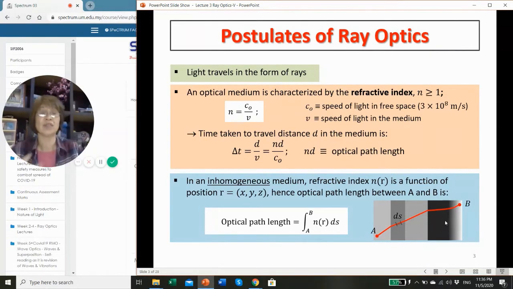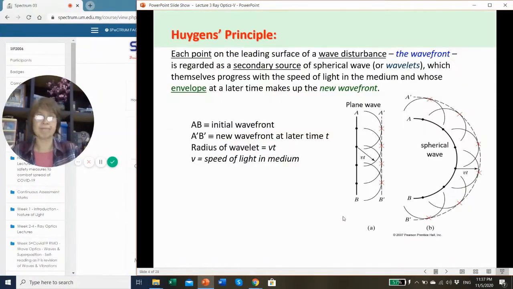So the medium is of different density. So the total optical path length would be a sum of all the optical path lengths that it takes when it travels through this inhomogeneous medium. Basically, it would be the refractive index at whatever position it's at, multiplied by the distance moved, and you take that line integral from A to B.